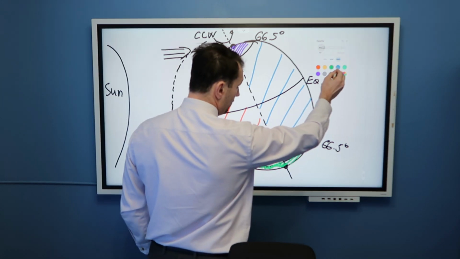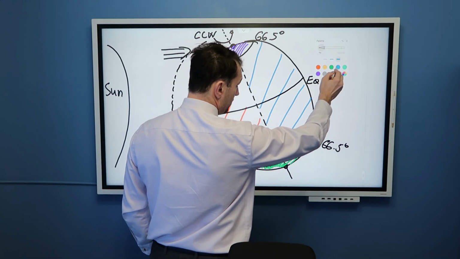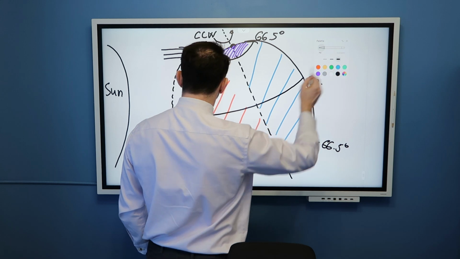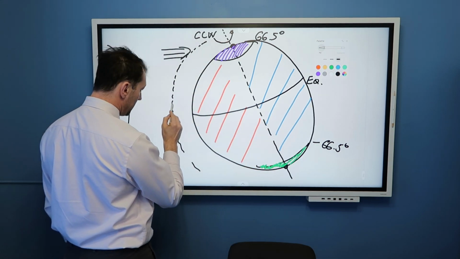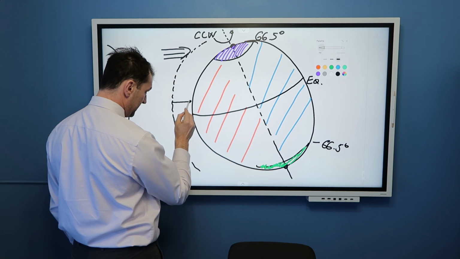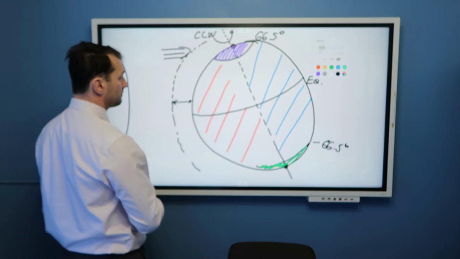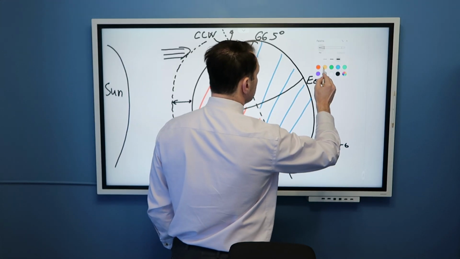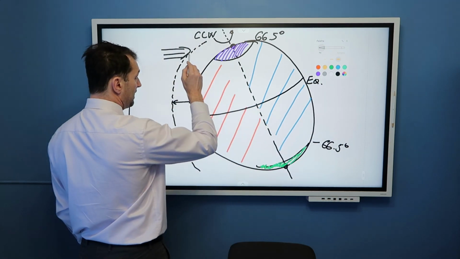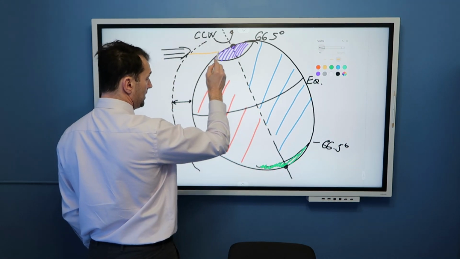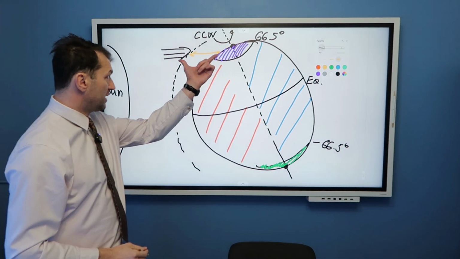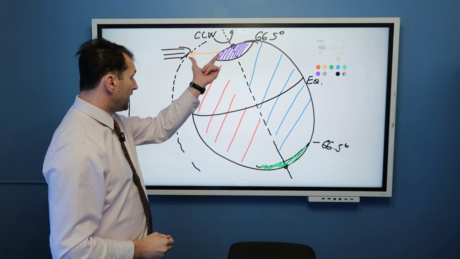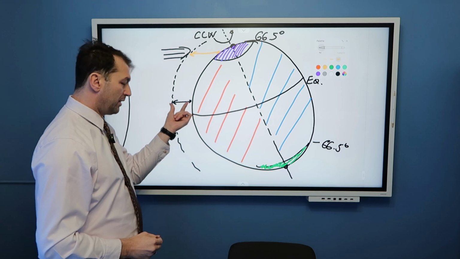the distance that sun rays travel through the atmosphere over here is, let's say, this black line. But the distance that sun rays travel through the atmosphere over here in high latitudes is larger. Namely, it is clear that the yellow line is much longer than the black line.